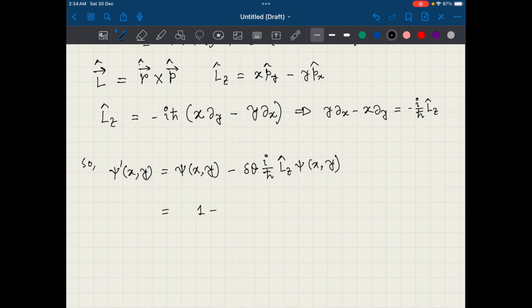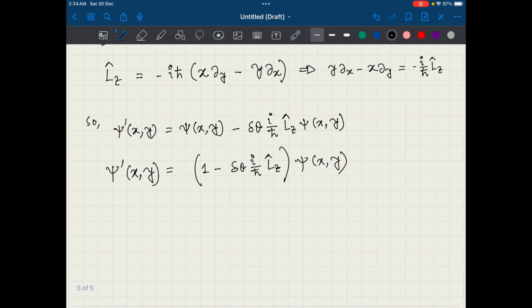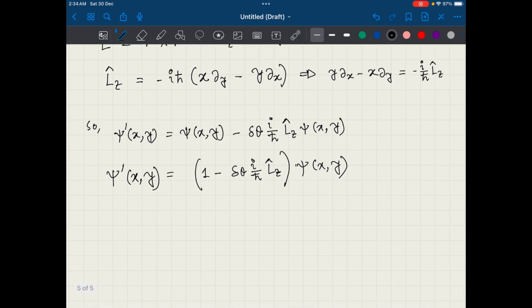Therefore we can write psi prime of x comma y is equal to this. Note that here Lz is the position space representation of the angular momentum operator L vector and its z component.